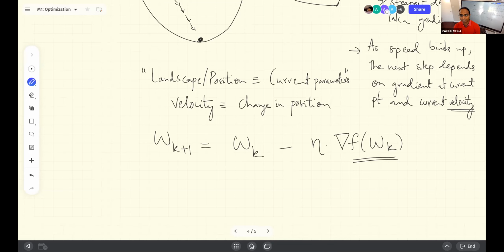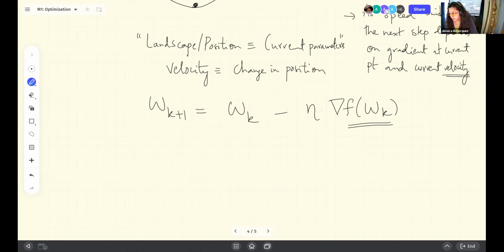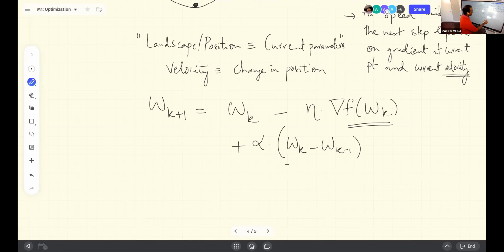Maybe adding the previous velocity. Right, it should be a combination of the previous velocity and this. And what's the previous velocity? It's going to be W_k minus W_{k-1}, right? Velocity was a change in position, so it's going to be some combination of these things. Does it make sense?